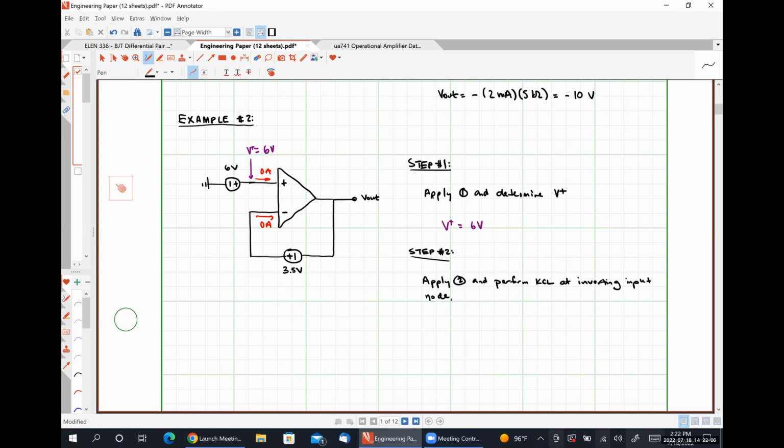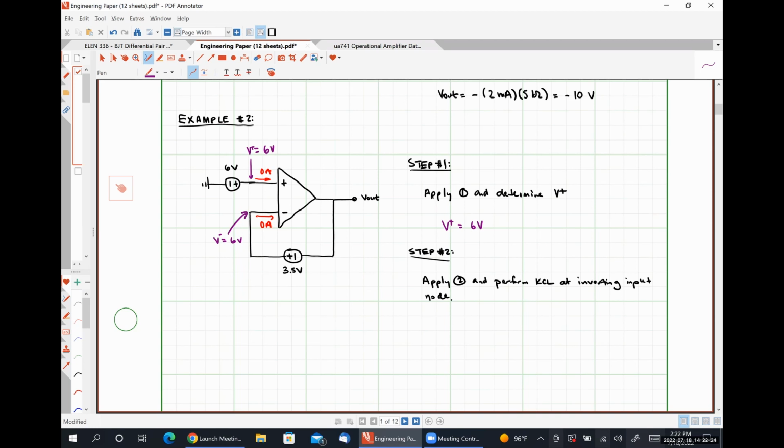So if we apply rule number two, we would find that this voltage V minus must also be 6 volts.